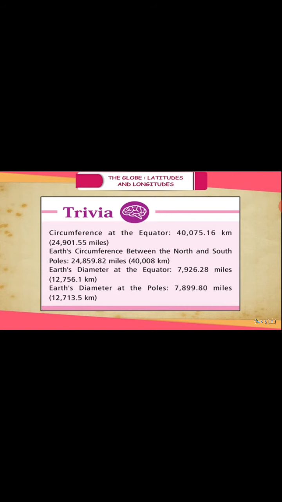Earth's diameter at the equator: 7,926.28 miles, 12,756.1 kilometers. Earth's diameter at the poles: 7,899.80 miles, 12,713.5 kilometers.